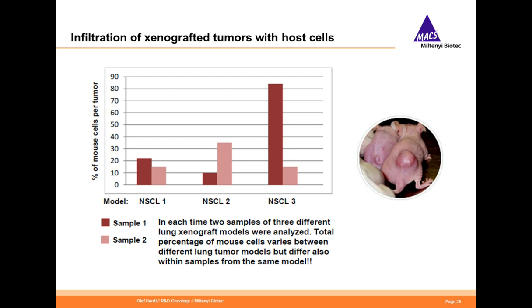First of all, we have to ask ourselves, why should I deplete the mouse cells out of a xenografted tumor? Is it important or not? And of course, it always depends on the downstream application, but what you can see here is 3 different models of non-small cell lung cancer xenografts in mice, and you see the degree of mouse cell infiltration is very different among the different patient tumors.